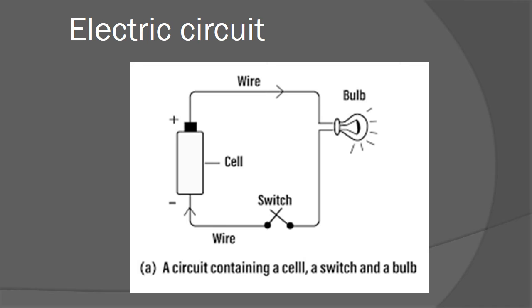In this circuit, when the cell is connected to a bulb, the chemical energy gets converted into electrical energy and later into heat and light energy. Similarly, in the working of an electric heater, the electrical energy is converted into heat energy. In a speaker, the electrical energy is converted into sound energy.